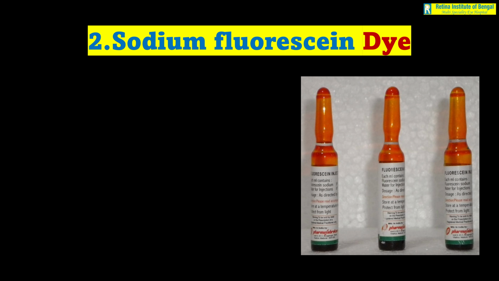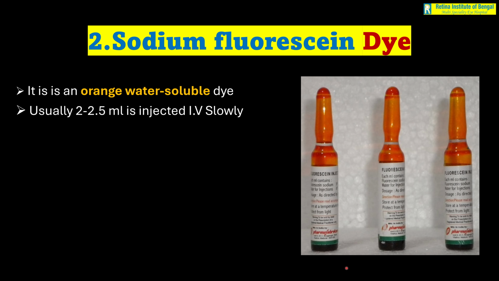Second, you need the dye, the so-called sodium fluorescein dye, which comes in ampules like this. Now, this is an orange water-soluble dye, and usually 2 to 2.5 ml is injected intravenously and slowly. Here, on both these points, I'd like to share some more data.